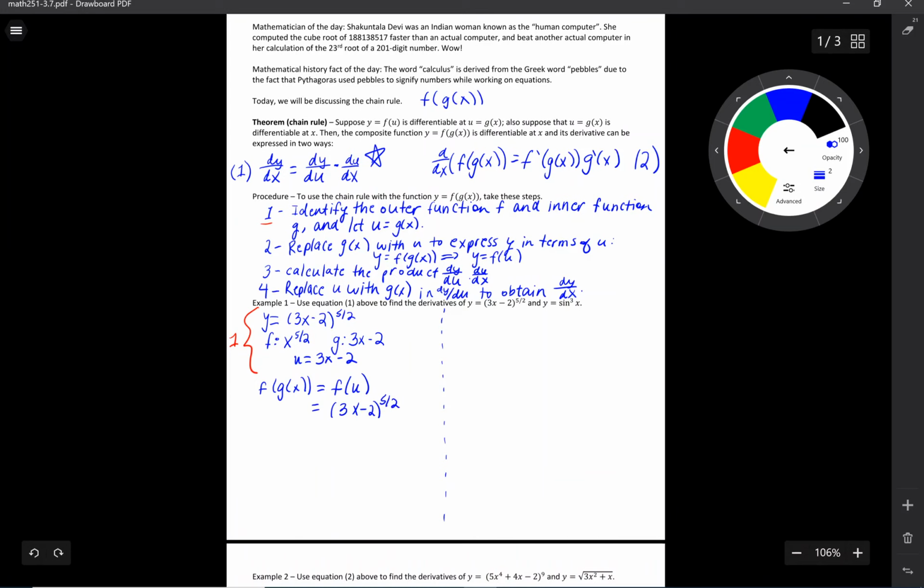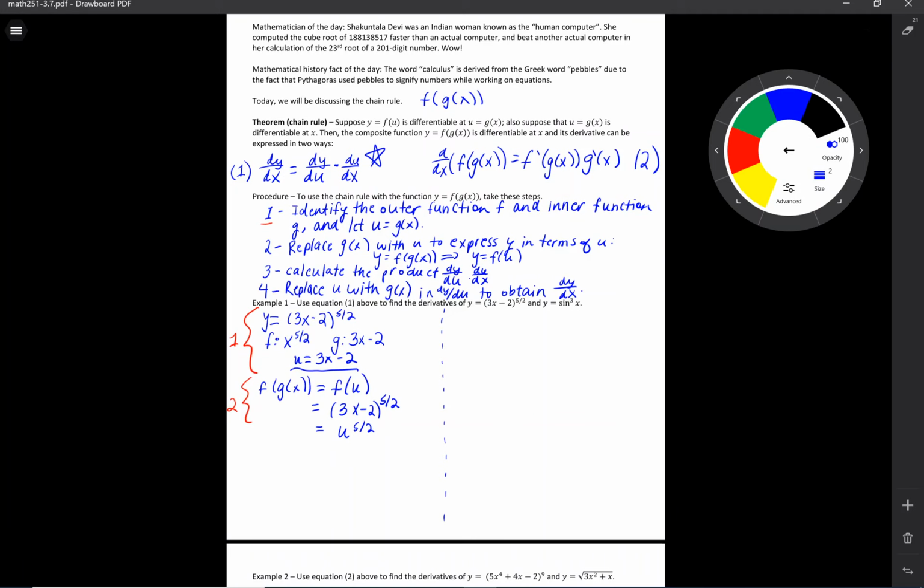This is f of u. Step number 2. Oh, sorry, this is f of g of x. So this is, in other words, u to the power of 5 halves, since I replaced my u with 3x minus 2. All right. So I have u to the power of 5 halves.